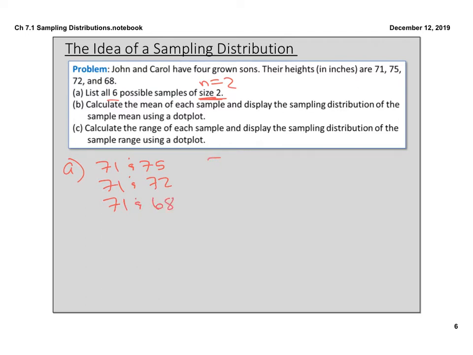You could also have 75 and 72, 75 and 68, and then 72 and 68.